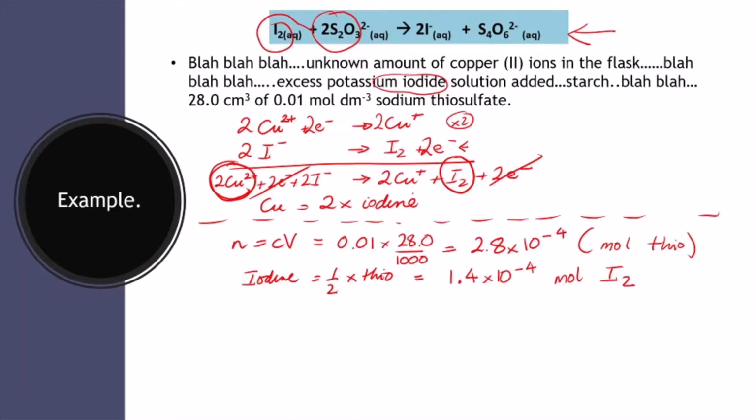Now we go back a step to this line here, where we worked out that the amount of copper that made that iodine is actually twice the amount of iodine made. Because it takes 2 coppers to make 1 iodine, we end up doubling the amount of iodine.